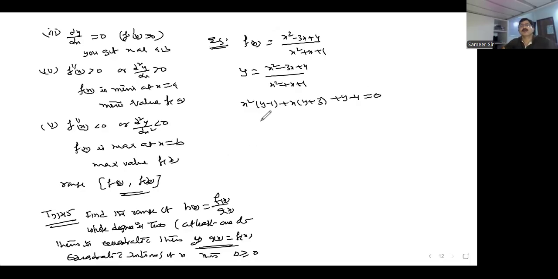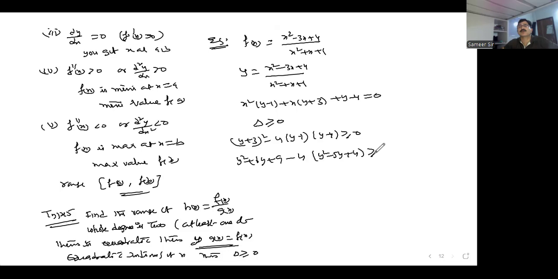Okay, and now it is a quadratic in terms of x. So (y plus 3) square minus 4ac. Okay, so y square plus 6y plus 9 and 4 into y square minus 5y plus 4.